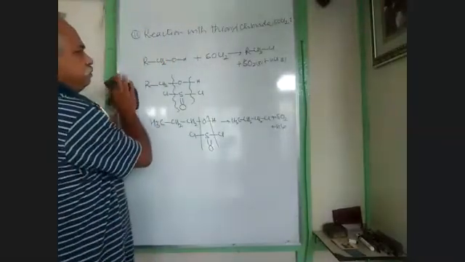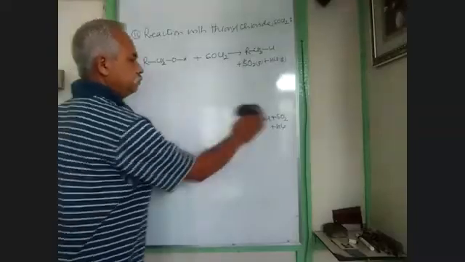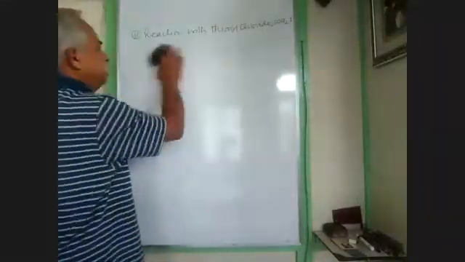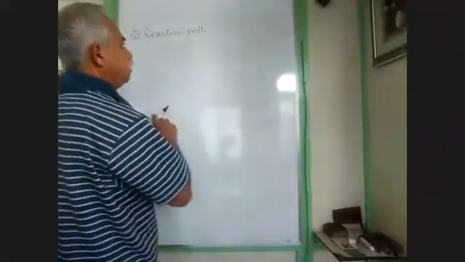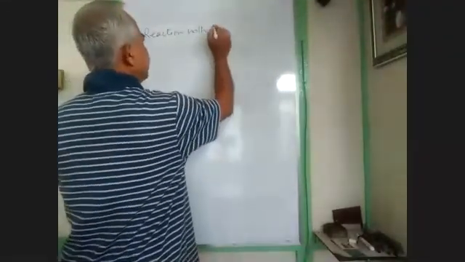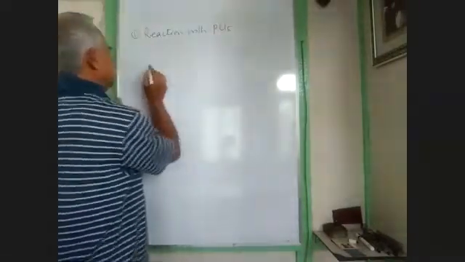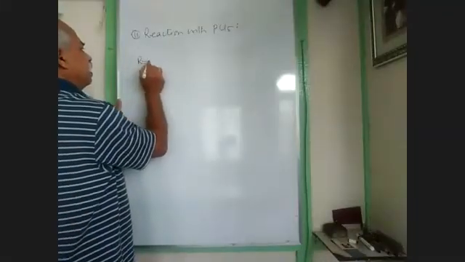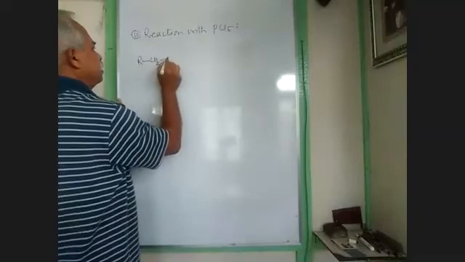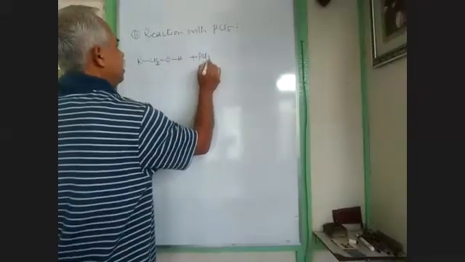Okay. Now, we'll write here reaction with phosphorus pentachloride. I'll write it here. RCH2OH plus PCl5.